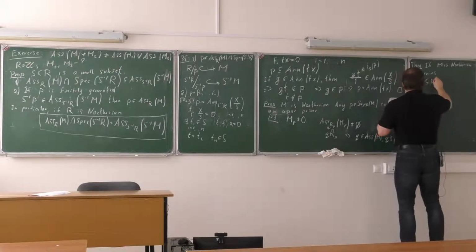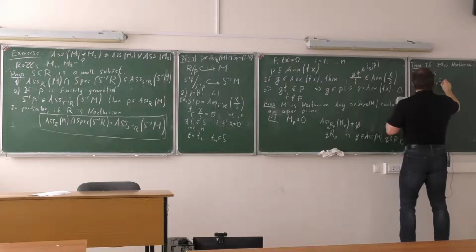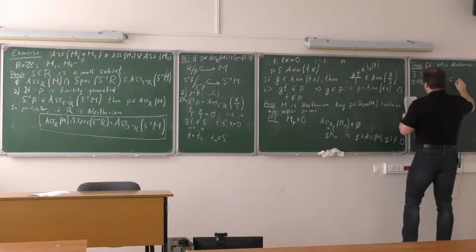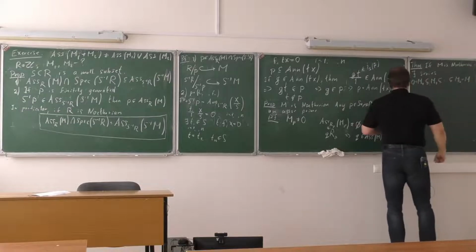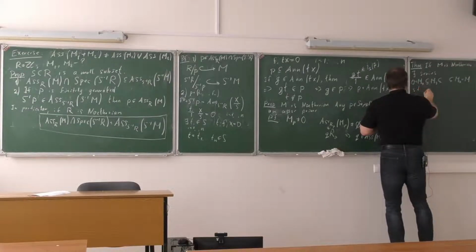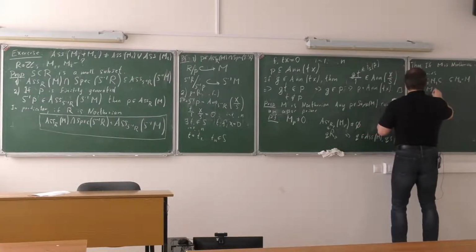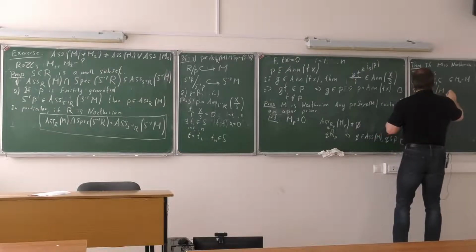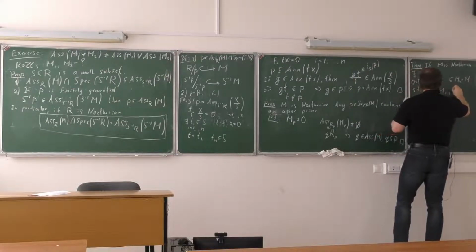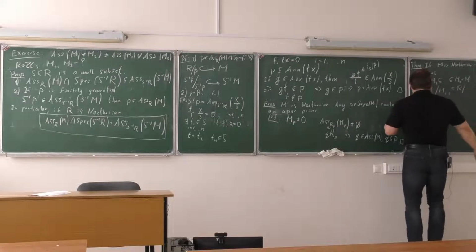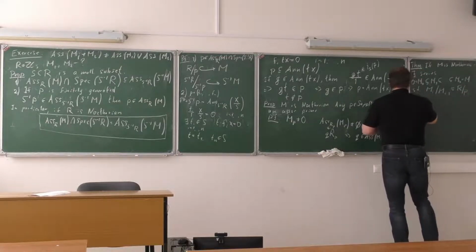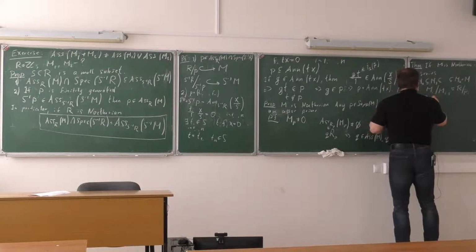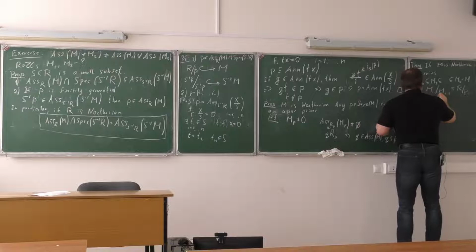It is contained in some M_1. The last module is M_n, and this coincides with M, such that the quotients M_i modulo M_{i-1} are all isomorphic to the quotients R modulo P_i, where all such P_i's are prime ideals in Spec R.